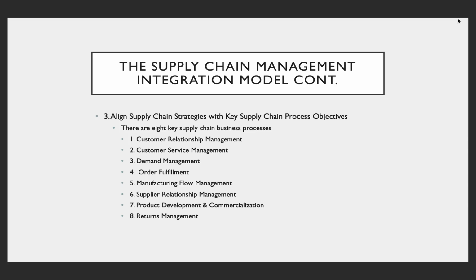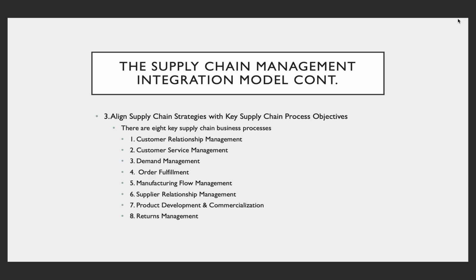Four is your order fulfillment, meeting customer requirements by synchronizing the firm's market production and distribution plans. Then you have manufacturing flow management. This is determining manufacturing process requirements to enable the right mix of flexibility.